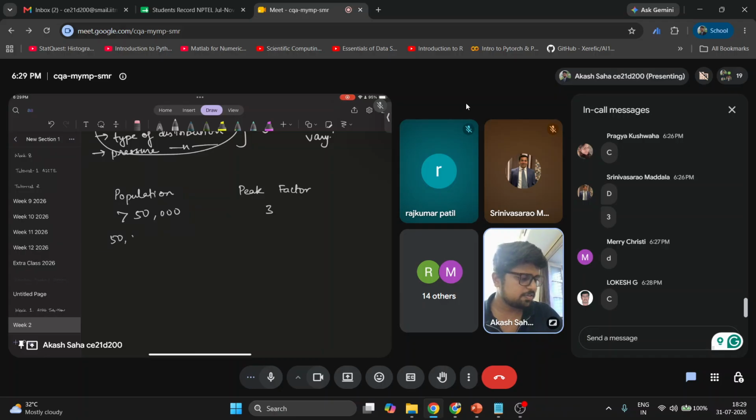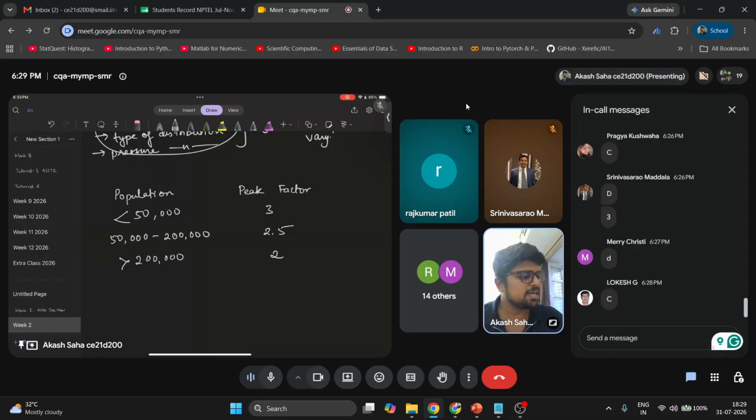If it is 50,000 to, let's say, 2 lakh, it is 2.5. And if it is more than 2 lakhs, then it is 2.